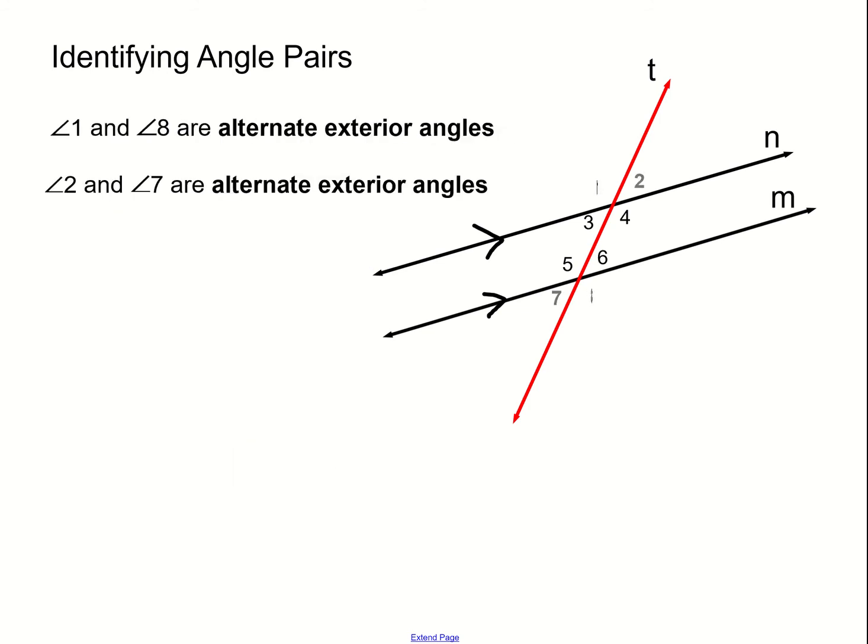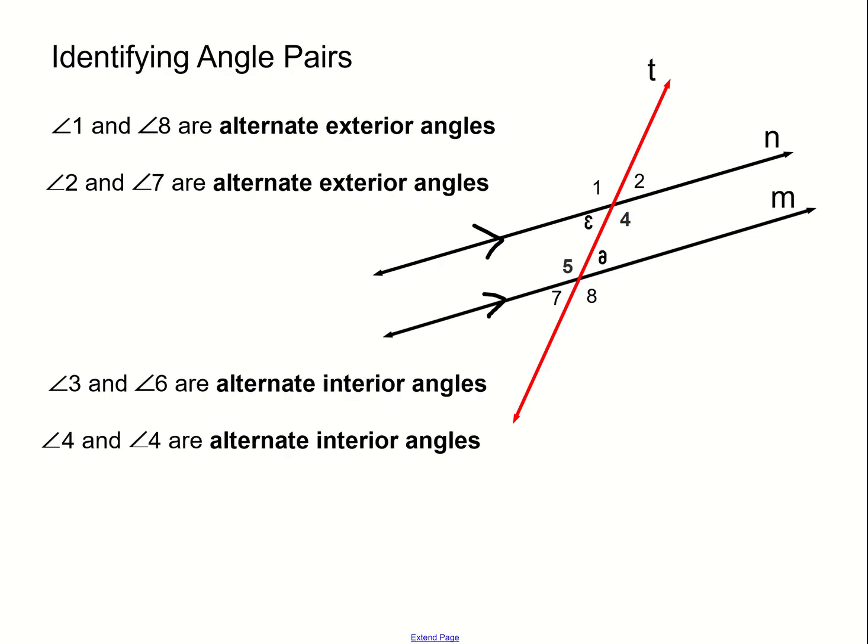All right, so now we're going to talk about alternate angles, exterior and interior. So angle 1 and angle 8 are alternate exterior. Angle 2 and angle 7 are also alternate exterior. Notice that they're on both sides of the toothpick or the transversal. And then when you think about angle 3 and angle 6, they're inside the sandwich in our analogy, and they're on opposite sides of the transversal.